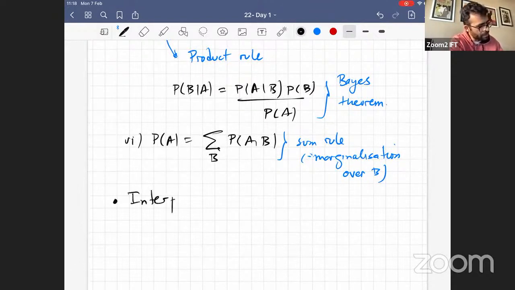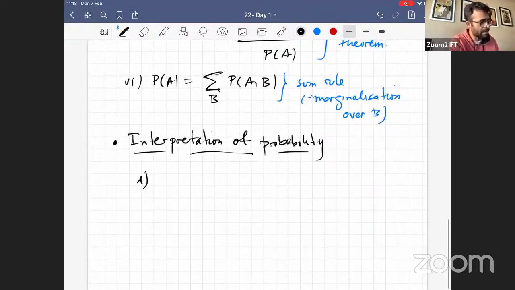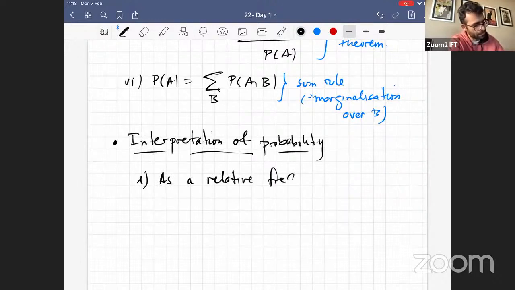Now let us talk about interpretation. Interpretation of probability. And then here, the classical interpretation is to interpret this as a notion of a relative frequency. Okay. And this is of course known as the frequentist approach.